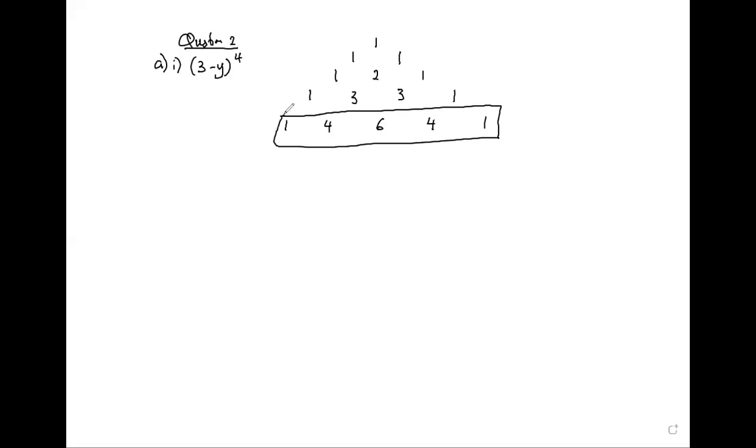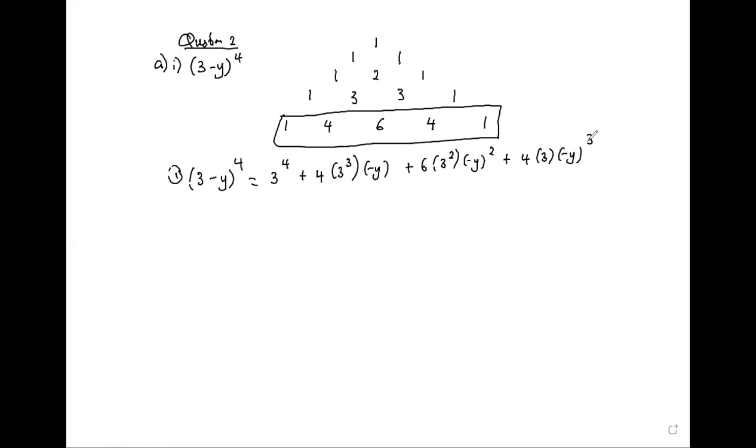So now we're saying, okay, (3 minus y) to the power 4 is going to be 3 to the power 4, plus 4 times 3 to the power 3 times (minus y), plus 6 times 3 to the power 2 times (minus y) to the power 2, plus 4 times 3 to the power 1 times (minus y) to the power 3, and plus (minus y) to the power 4.